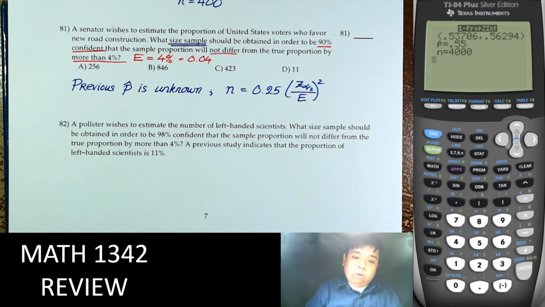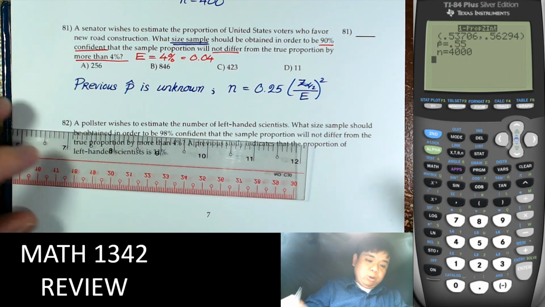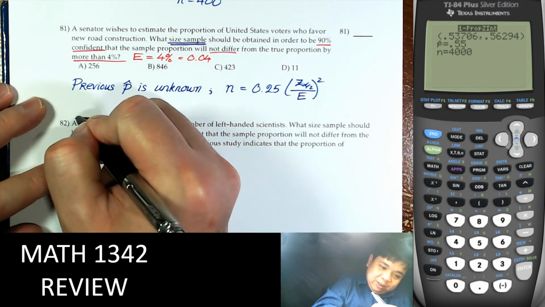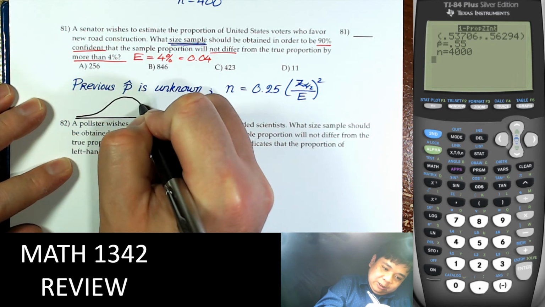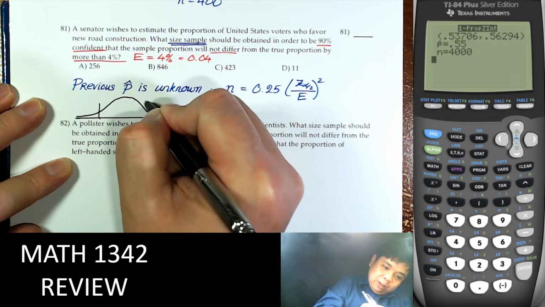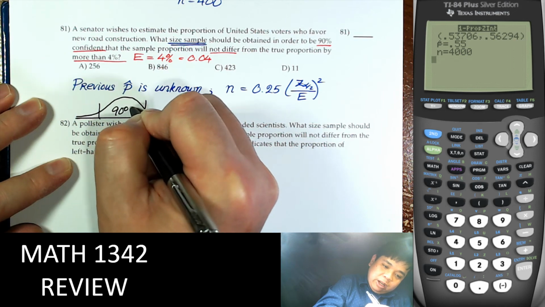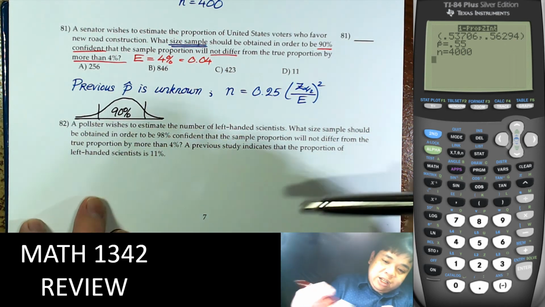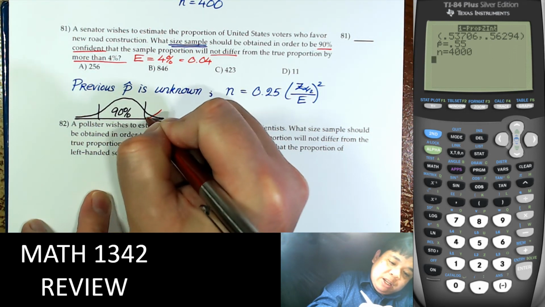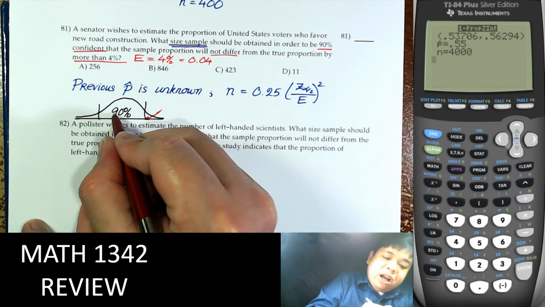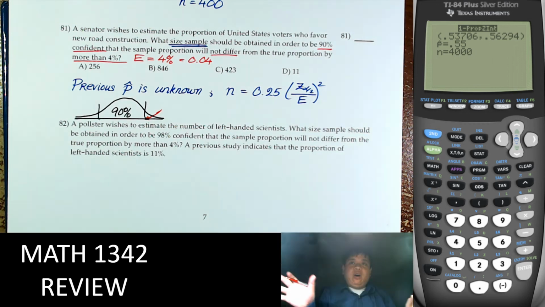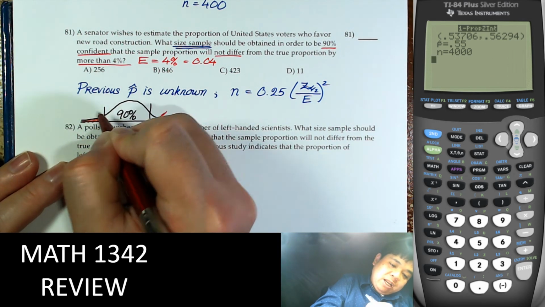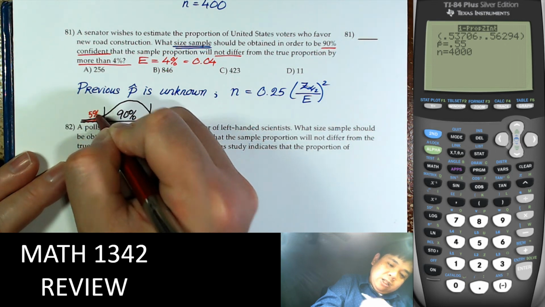Right. So for the 90% confident, we do need to find z. If we want 90% confident in the middle, we just need to find the z value. So if 90% is in the middle, 10% is on the two tails, meaning that there is 5% on each side.